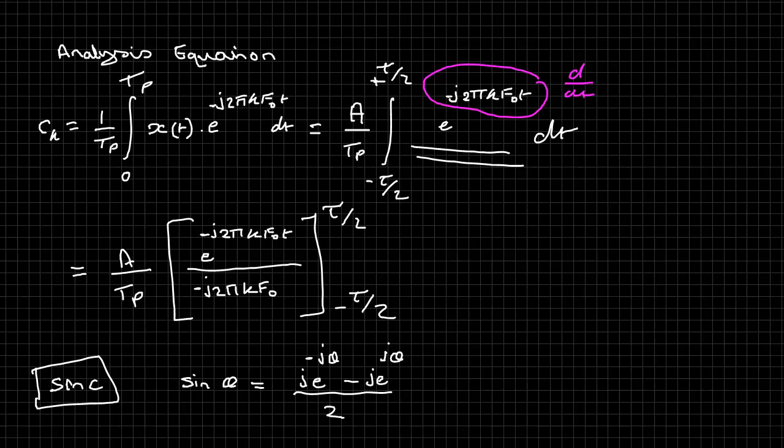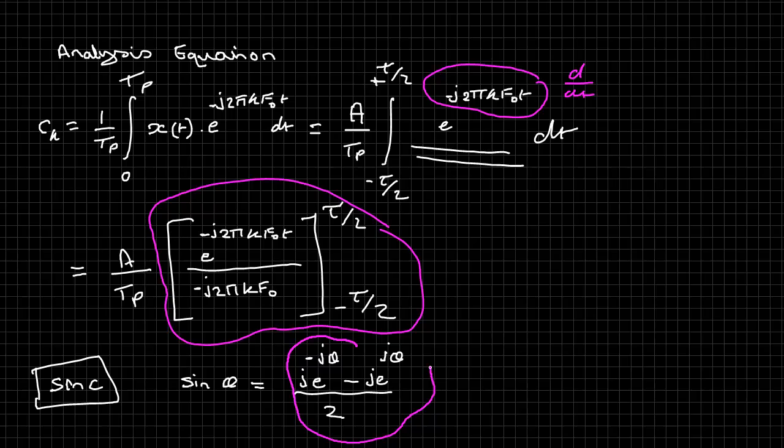But what I want you to understand is I'm trying to convert what I have written down as my equation, the analysis equation, into this form. So I'm going to take this and manipulate it so that I get something like this, and then of course from this I can derive the form which gives me the sinc function.